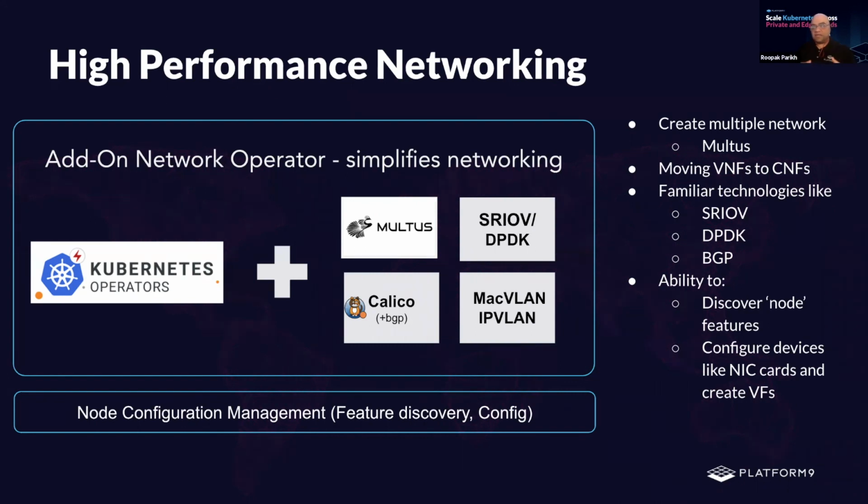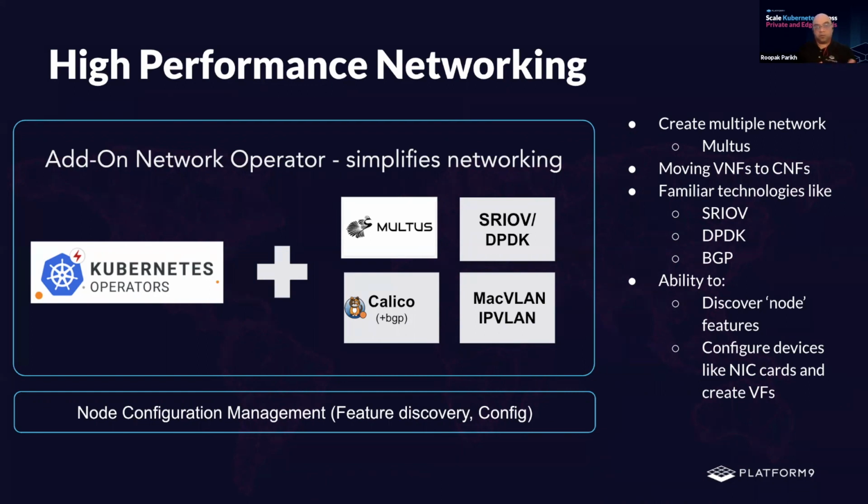You define that you need these networks with these network acceleration capabilities, and then these operators can go and configure those operating systems and those network cards with the desired configuration that you have.